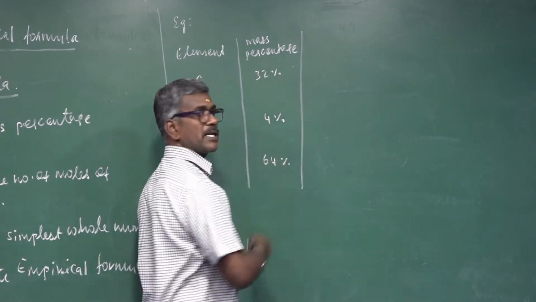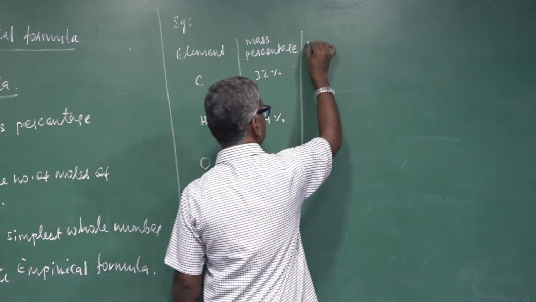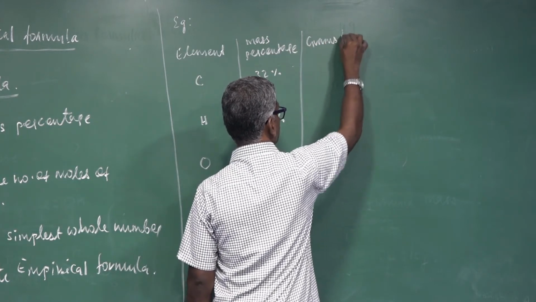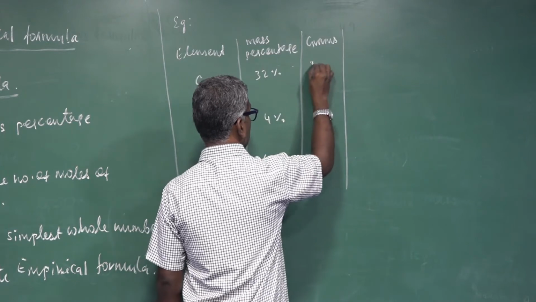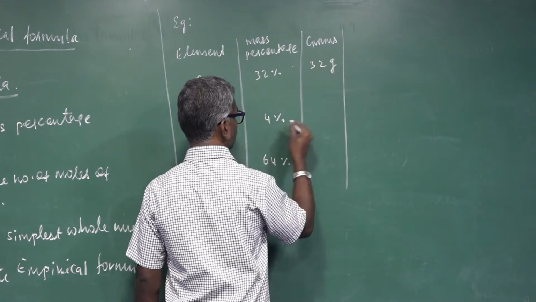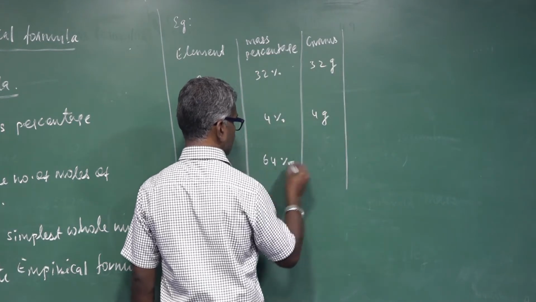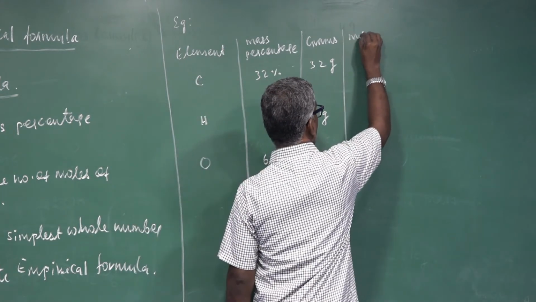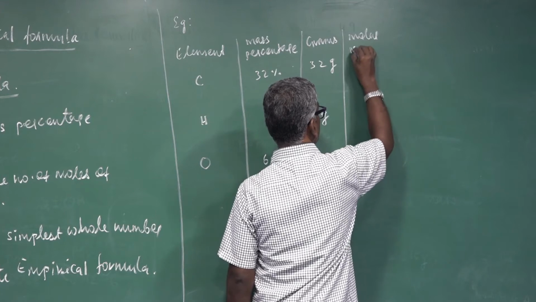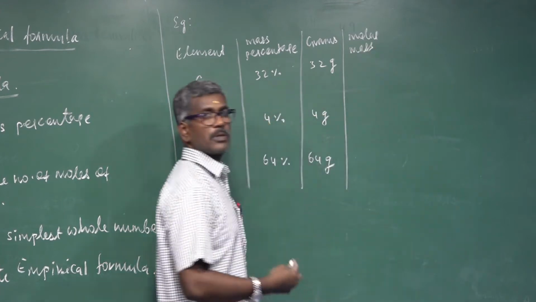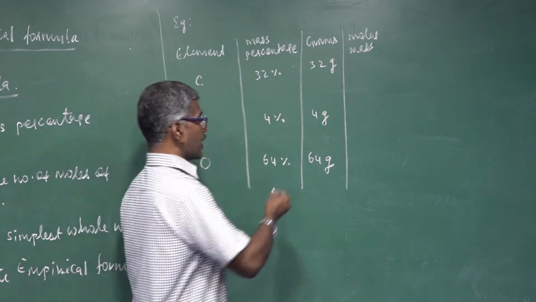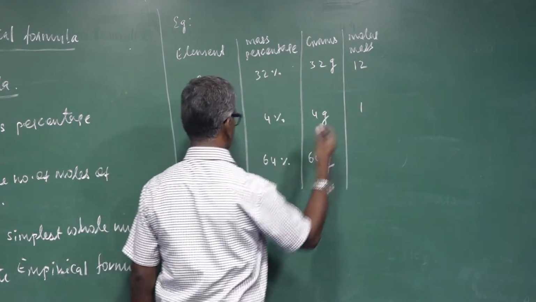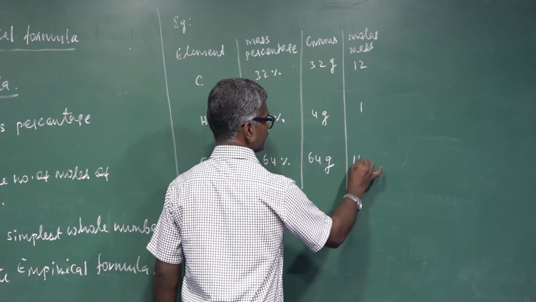Next, mass percentage converted into grams: 32 grams, 4 grams, 64 grams. Next, molar mass. Molar mass of carbon 12, hydrogen 1, oxygen 16.